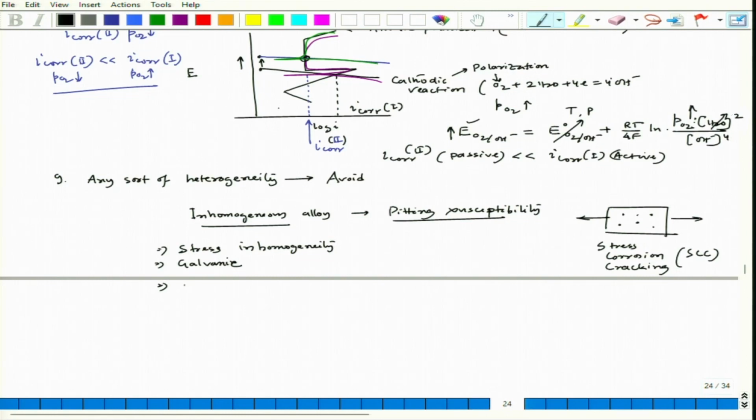We had talked about heat inhomogeneity. Okay. In fact, we can also talk about oxygen partial pressure inhomogeneity.